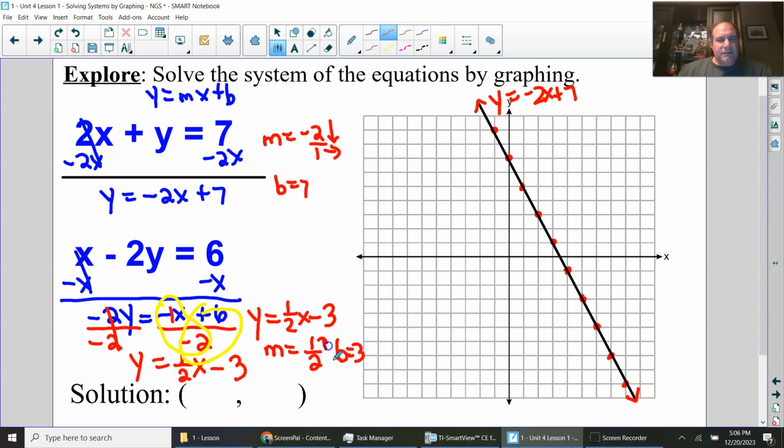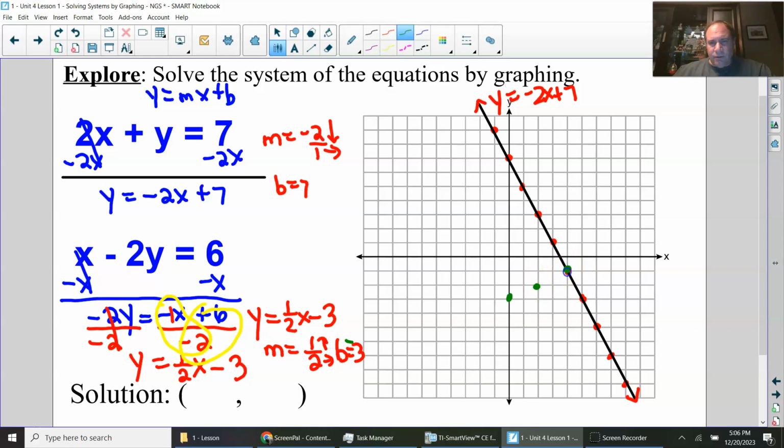I'm going to rise and run to the right. Oh, by the way, this is a -3. Negative. And then I'm going to go up 1 and to the right 2.